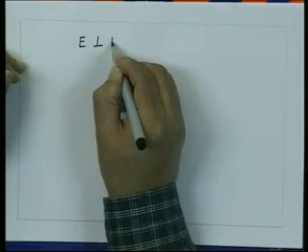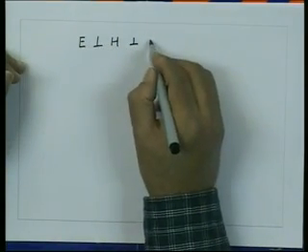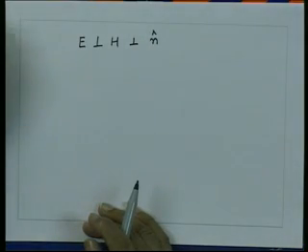These are the properties we are going to use to establish the uniform plane wave nature of these fields. Essentially, we have to show that E is perpendicular to H and is also perpendicular to the direction of the wave, which we denote by the unit vector n.